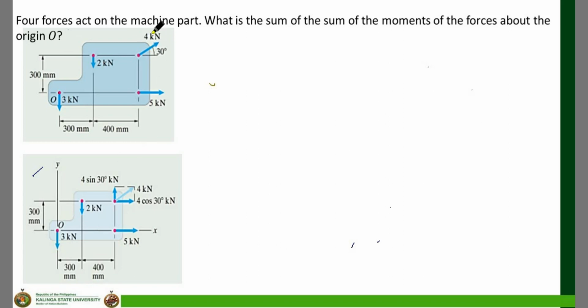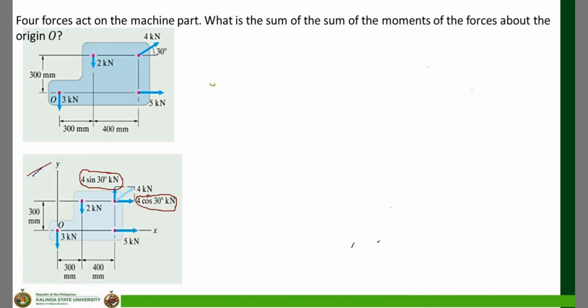Then since the 4 kilonewtons force is inclined, automatically there is an Fx and Fy. In the figure you can see this is the Fx of 4 kilonewtons and this is the Fy of 4 kilonewtons.